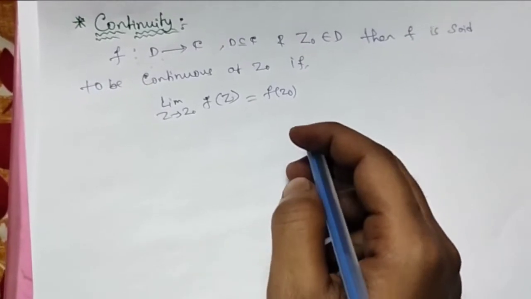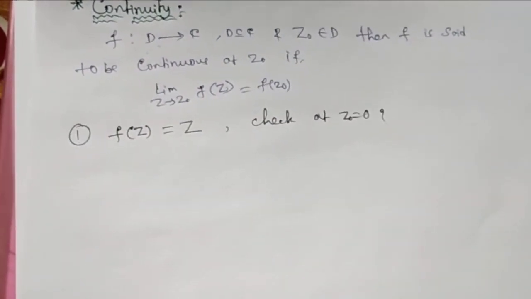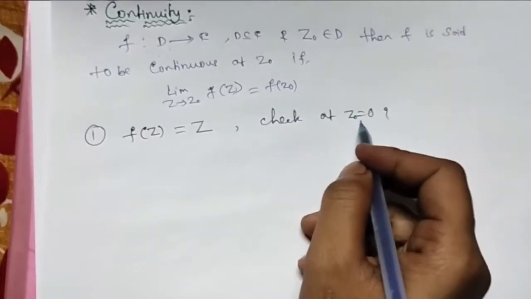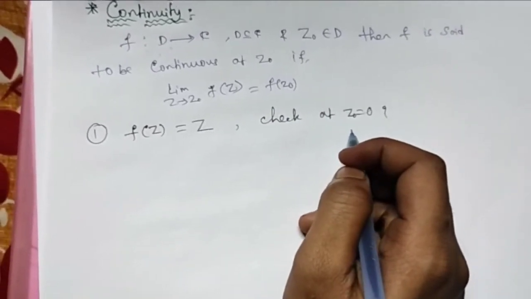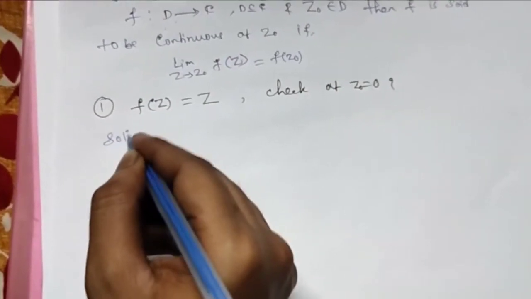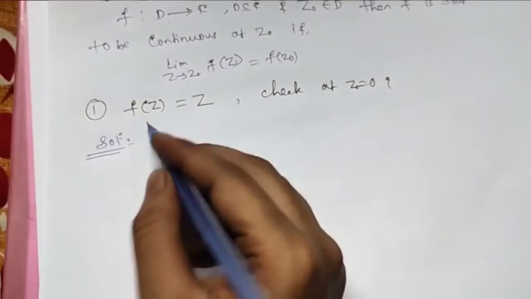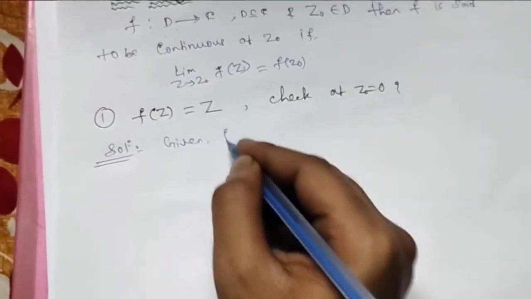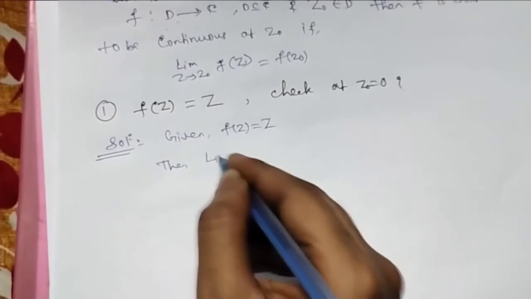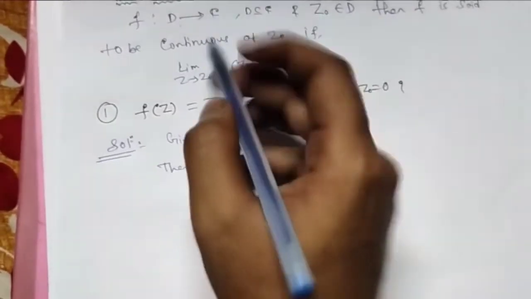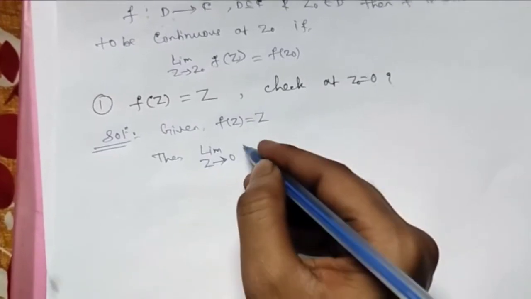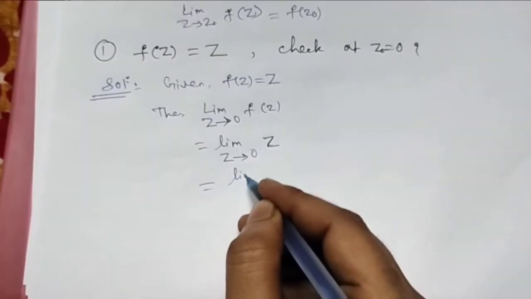So here are some examples. The first example is f(z) = z; check at z0 = 0.